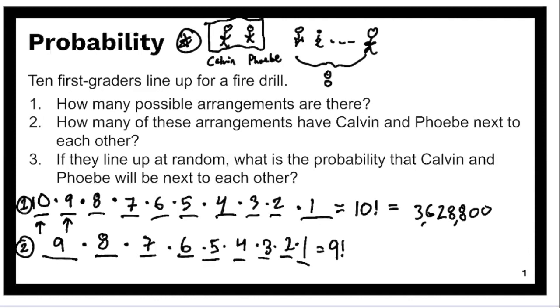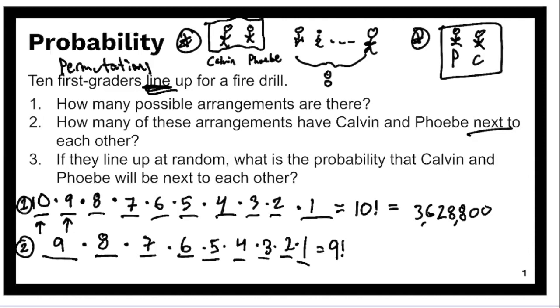One thing to consider, though, is we're looking at Calvin and Phoebe next to each other. And for all of these, because we're looking at a line, these are permutations. So the order does matter. So Calvin could come first before Phoebe, but also Calvin and Phoebe could be switched around. So we'll also consider another grouping where we have Phoebe to start, and then Calvin is behind Phoebe, and we're grouping these as one group.